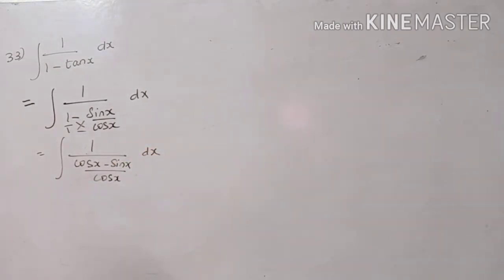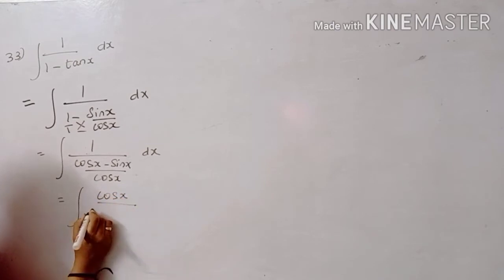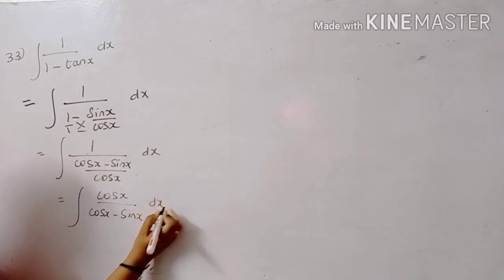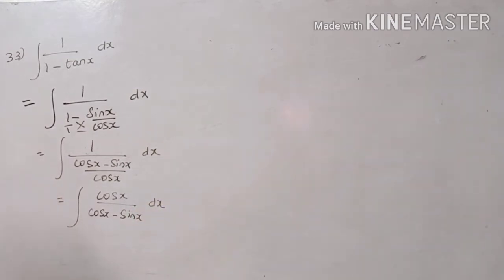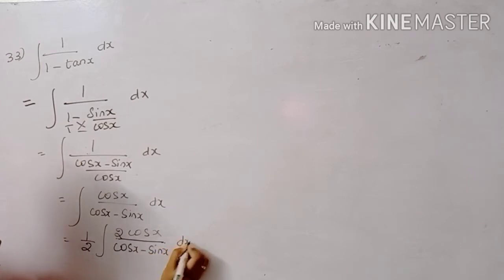So the next step is, this cos x, when it comes to the numerator, we get cos x divided by cos x minus sin x into dx. So the next step is nothing but add and subtract 2. So when I add and subtract 2, we get 1 divided by 2, 2 cos x divided by cos x minus sin x dx.